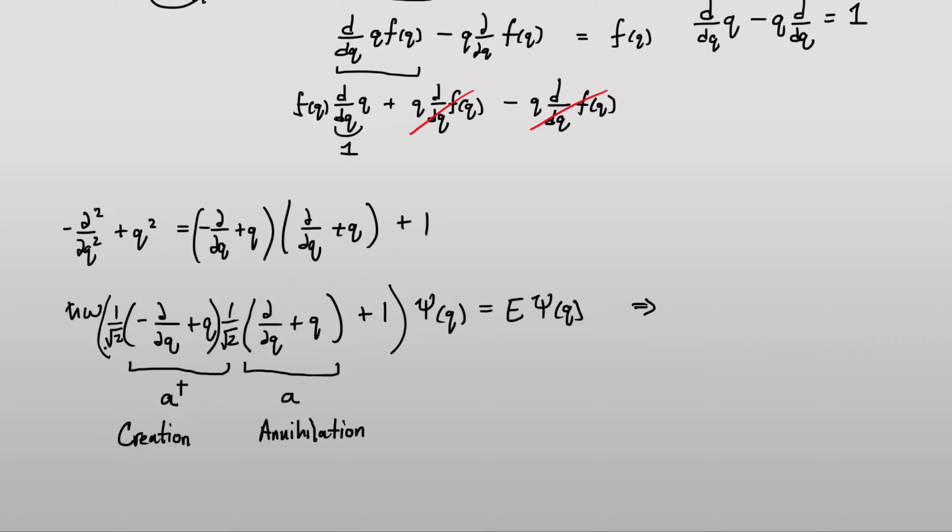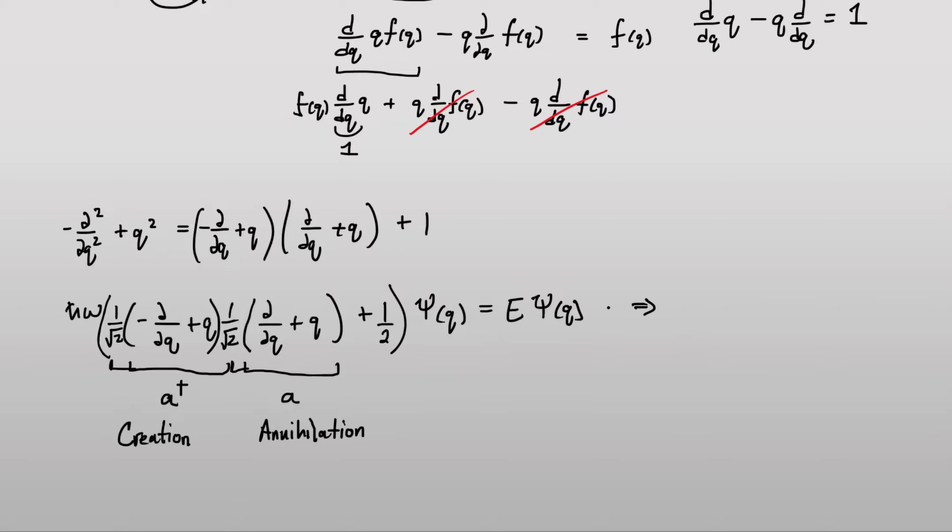We can bring them out, and we get 1 over 2 back, and these are included in our operators, in our creation and annihilation operators. So what does this become? If we're going to take a 1/2 out, that has to be a 2 right there.